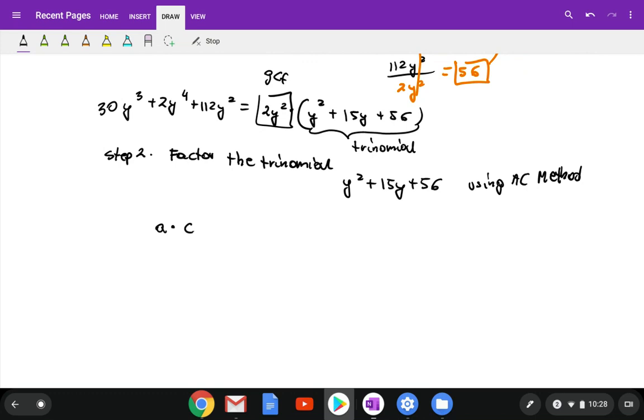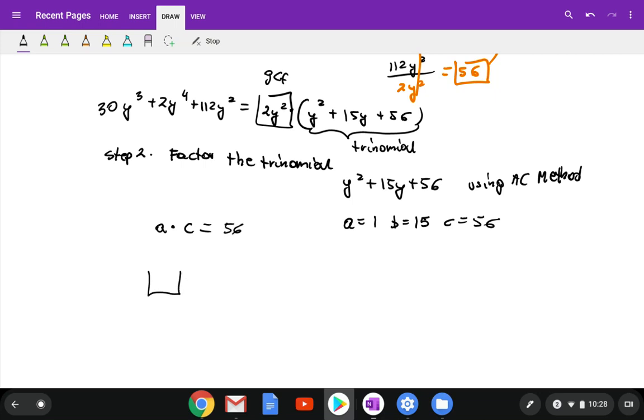In our example, a is equal to 1, b is equal to 15, and c is equal to 56. So a times c is 1 times 56, which is 56.